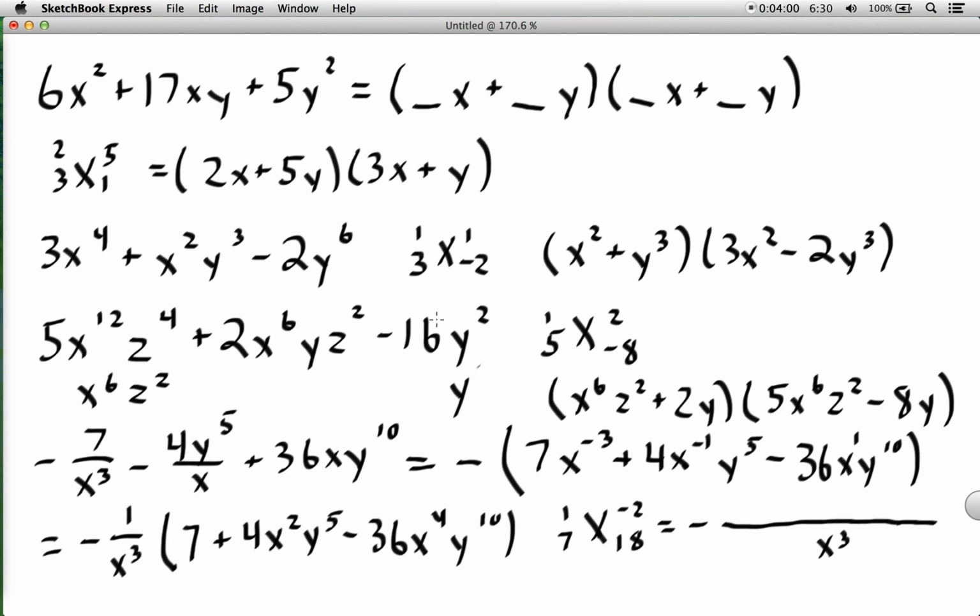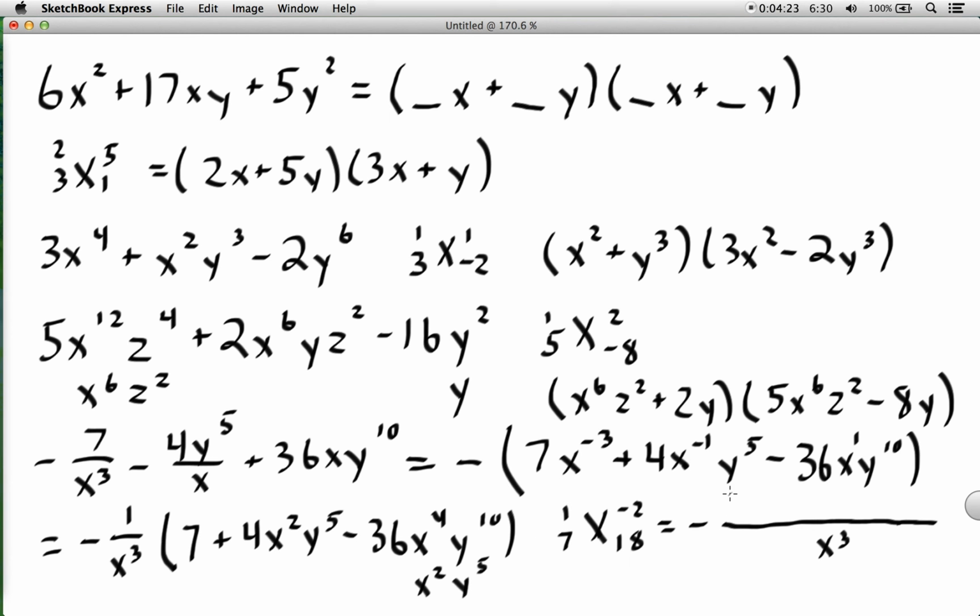So what are the variables in these factored terms? Well, in the first term we have nothing, so it's just constants. And then in the second part of the terms, it's going to be x squared y to the 5th.